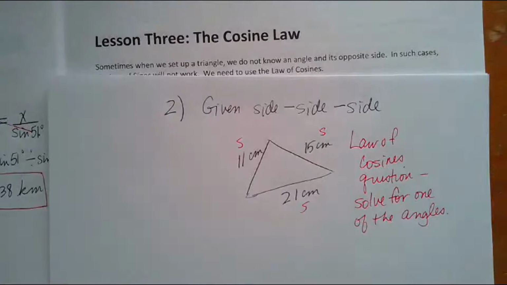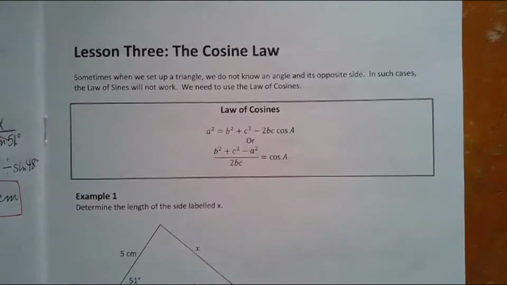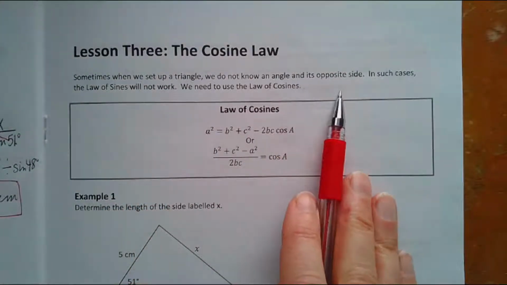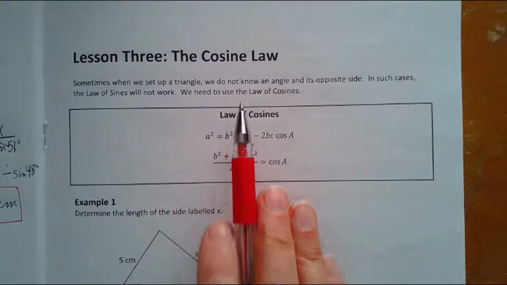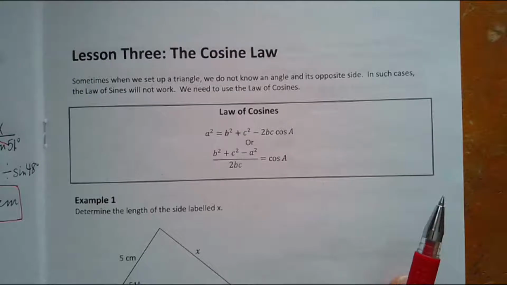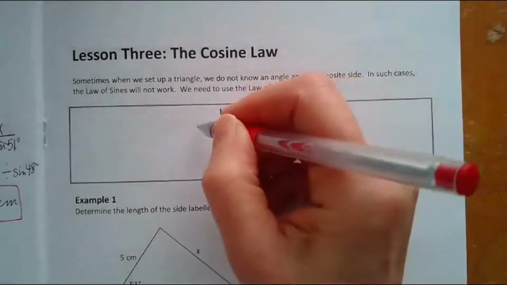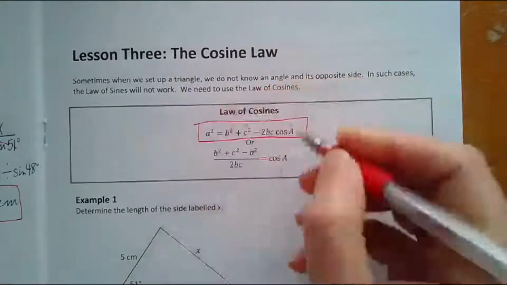So let's take a look at our first page of notes. So here it says, sometimes when we set up a triangle, we don't know an angle and its opposite side. Okay, in such cases, law of sines will not work. And that's what I was just sort of talking to you about a minute ago. We won't have a partnership, right? So we have two versions of the law of cosines, okay? This is the first version.